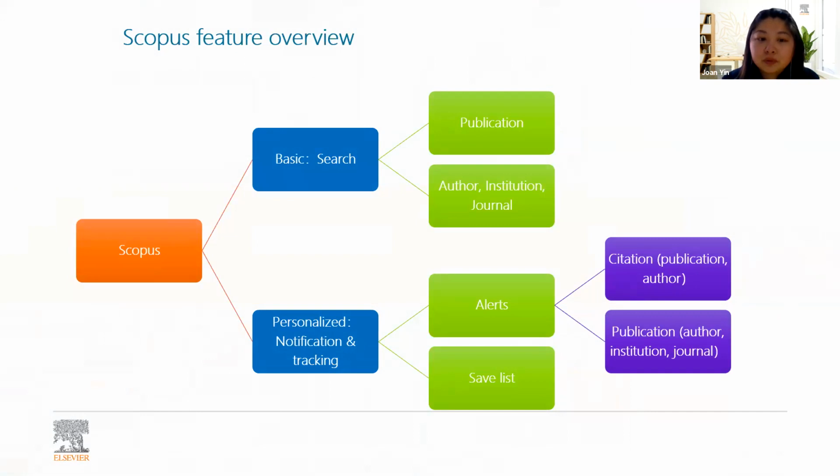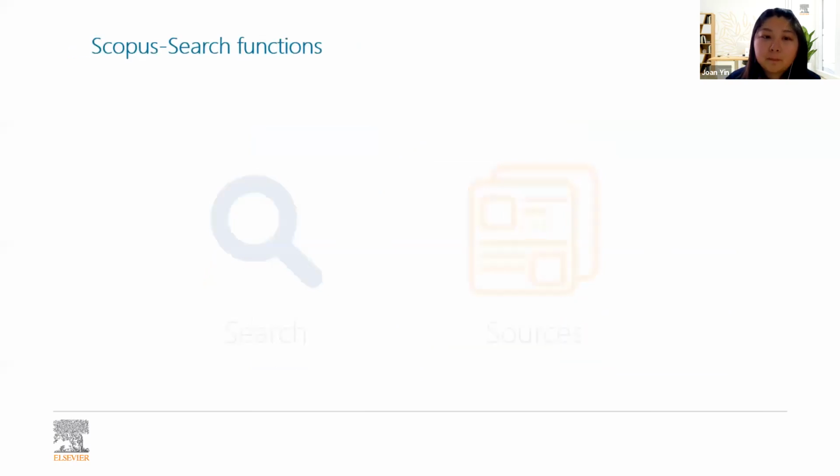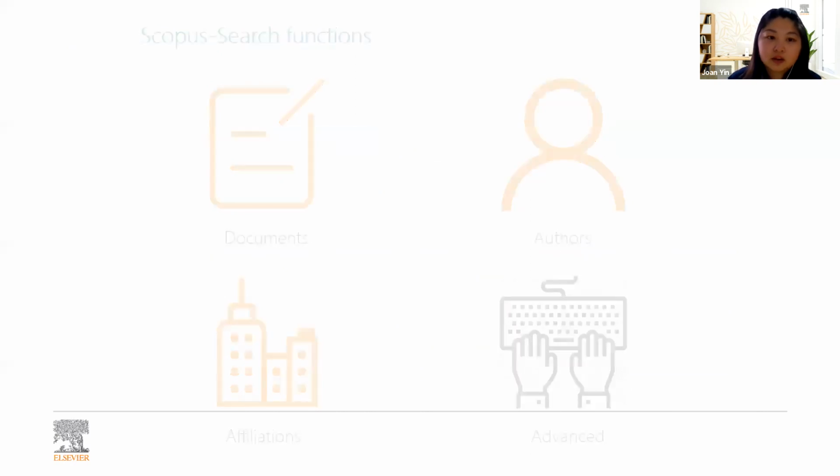It can help you track and set notifications about the content you are interested in. There are four main functions in the search part: document, authors, affiliations, and advanced search.